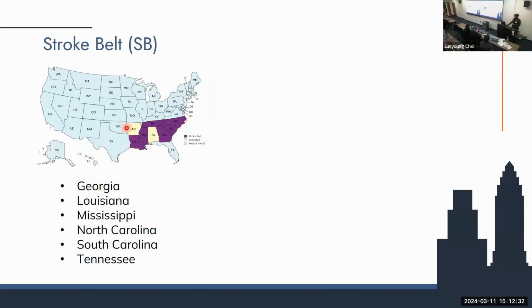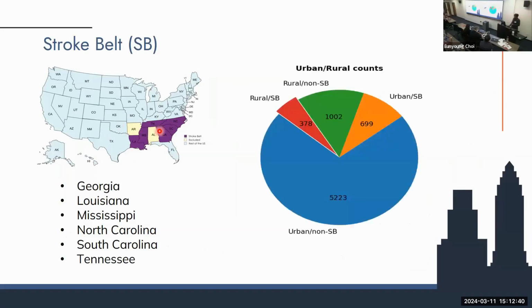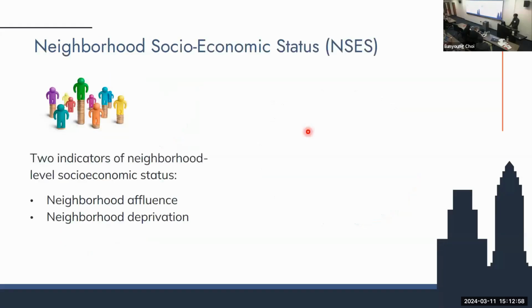Usually Arkansas and Alabama would be a part of this Stroke Belt, but we have excluded them in this analysis due to the low number of participants. This is the count of participants within urban and rural neighborhoods within Stroke Belt and other states. As we can see, we have more participants from urban non-Stroke Belt states and the fewest participants from rural Stroke Belt states.